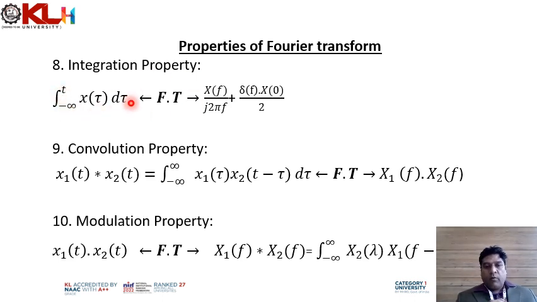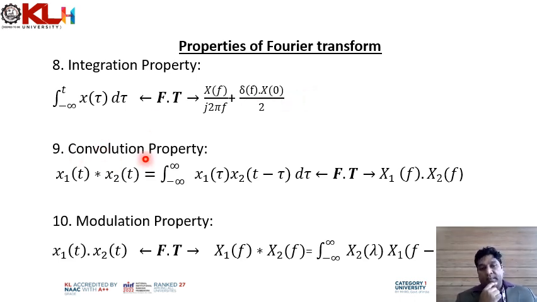The Fourier transform of that integral is capital X of f divided by j 2 pi f plus delta f into X of 0 divided by 2. Now this integration formula we will use in future to calculate the Fourier transform of u of t and also some other signals.